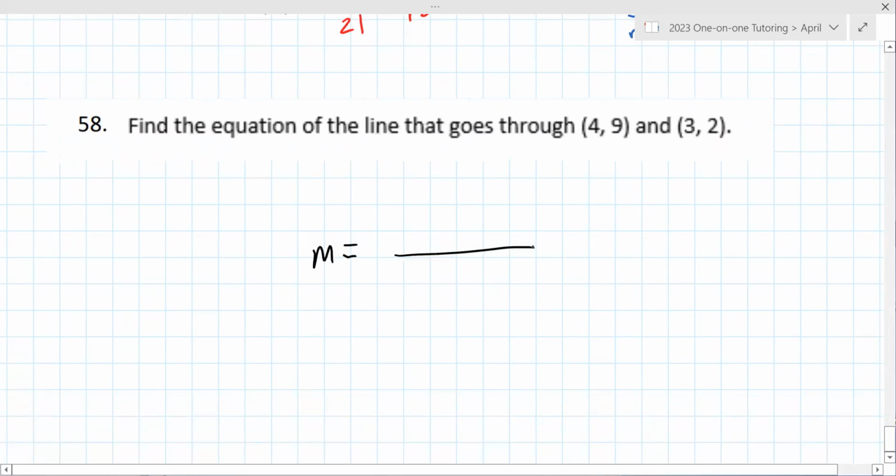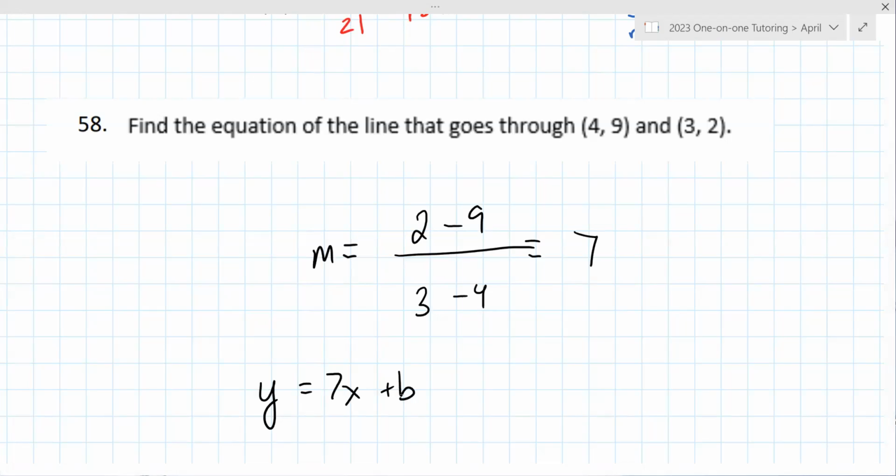So that's 2 minus 9 over 3 minus 4. So then it's negative 7 over negative 1. So then 7. Yeah, so y equals 7x plus b. Okay, use one of the points and find the b value, please. 9 equals 14 plus b.